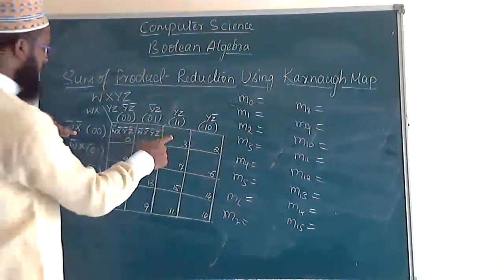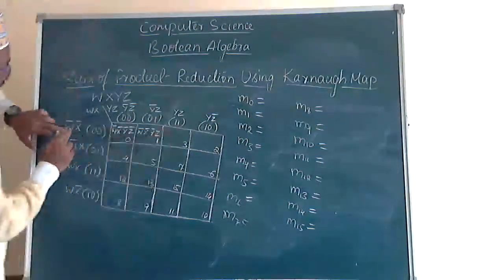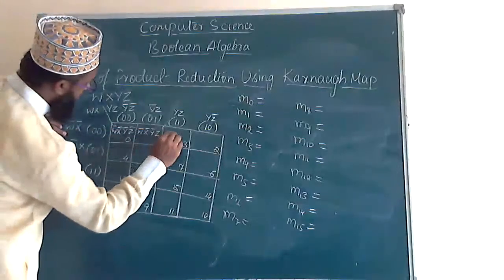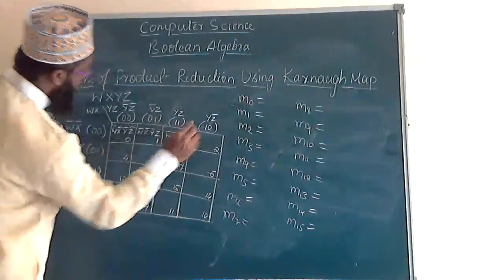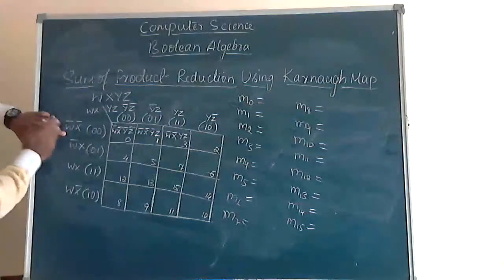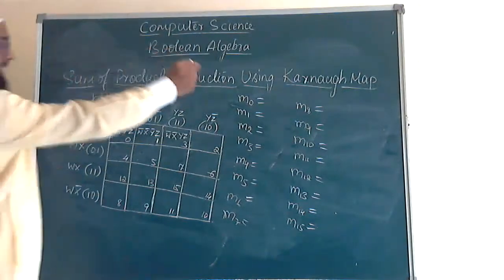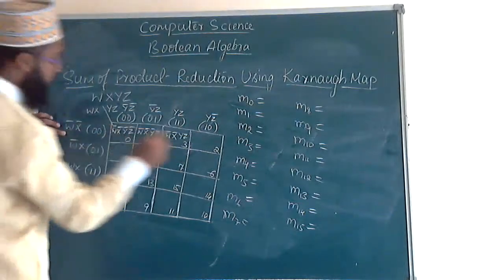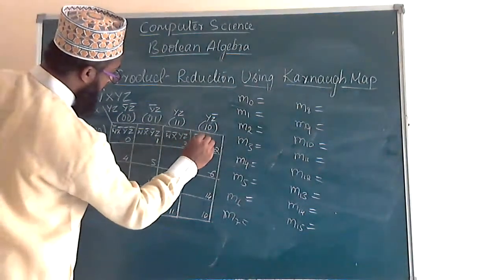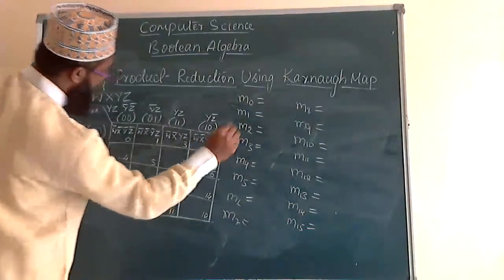Then for this one, first write w bar x bar, then write y z. Always take the terms from the left side, then take terms from the top. For this square, w bar x bar, then write the y z bar.